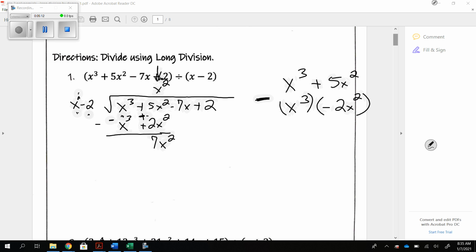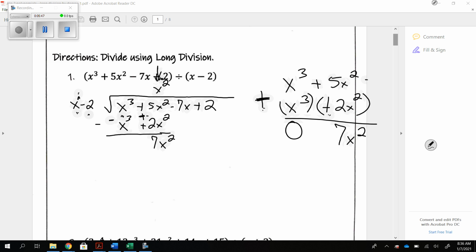On the first one, that's easy. x cubed minus a positive x cubed is just 0. But on the second one, we have 5x squared minus negative 2x squared. When there are two negatives next to each other, they become positive, and that's where we get our 7x squared from. Again, sorry about that, but that's key, okay? If what you multiply by becomes a negative, then you need to know that a negative times a negative becomes a positive. So when you combine it, you get 7x squared.